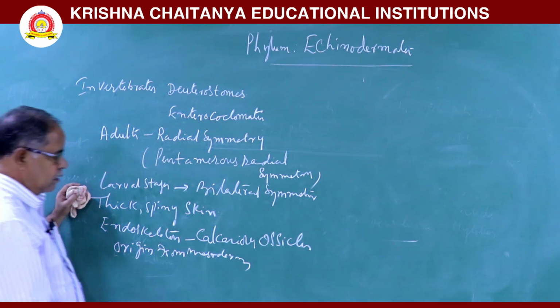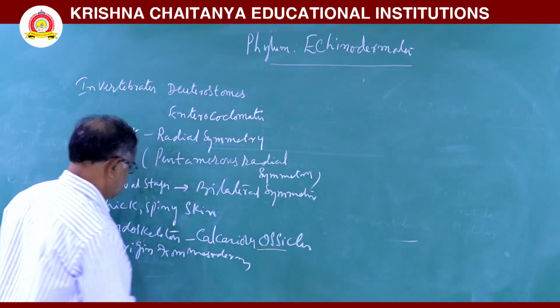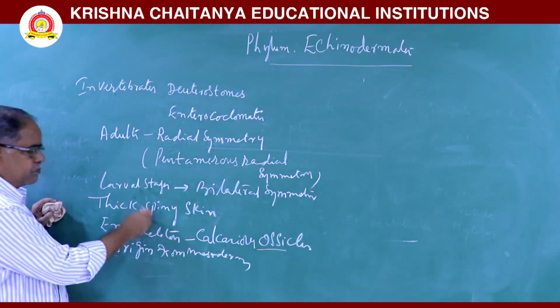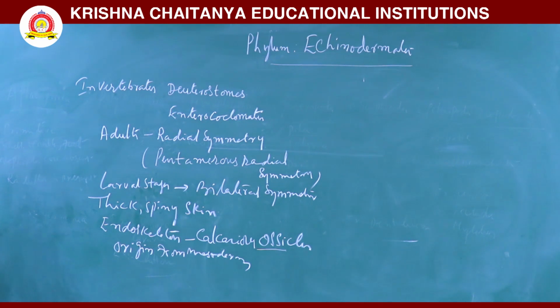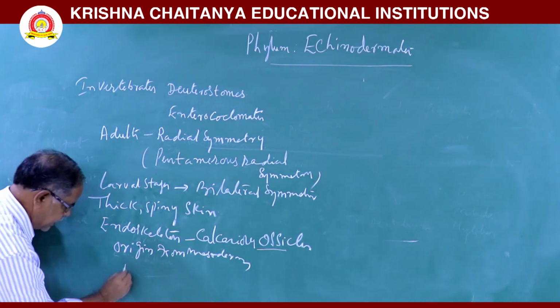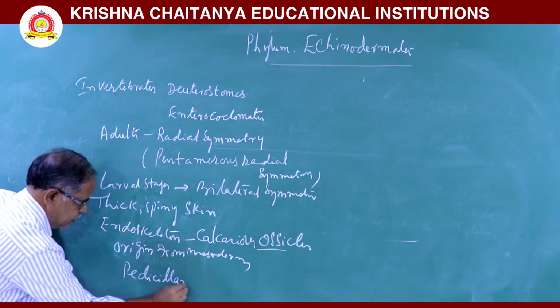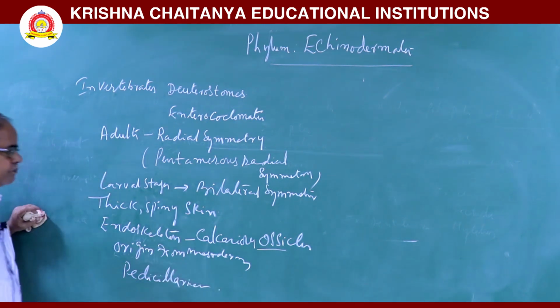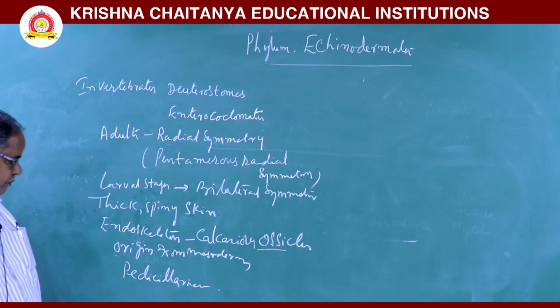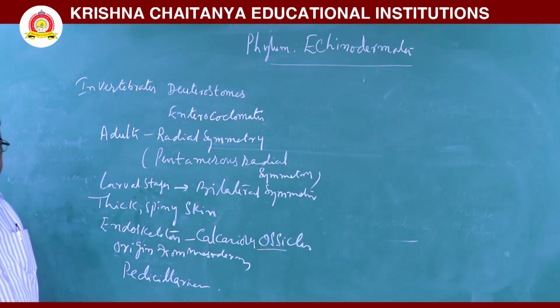These ossicles give support to the spines. Next, some spines are modified as pedicellariae. Forceps-like or scissors-like structures are there. These are called pedicellariae.